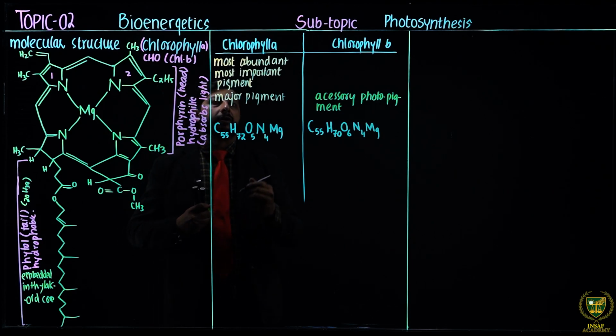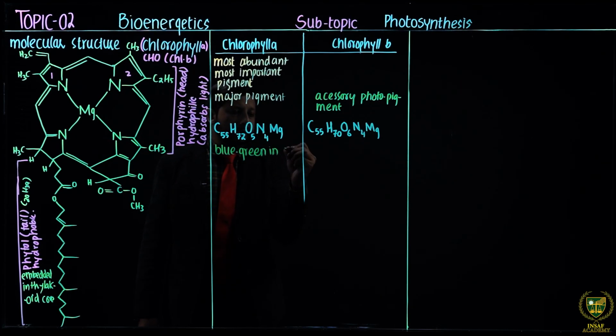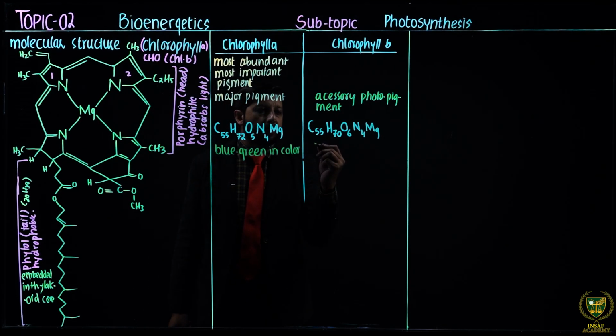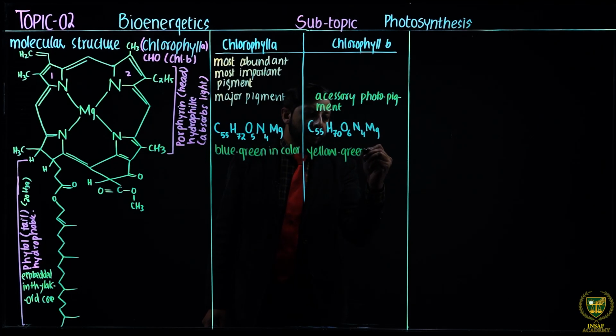Chlorophyll A is blue-green in color, while chlorophyll B is yellow-green in color.